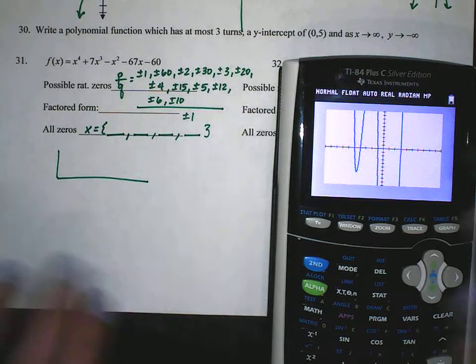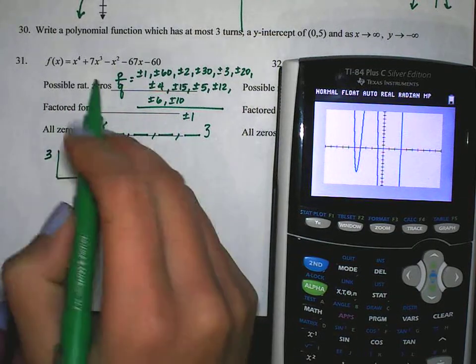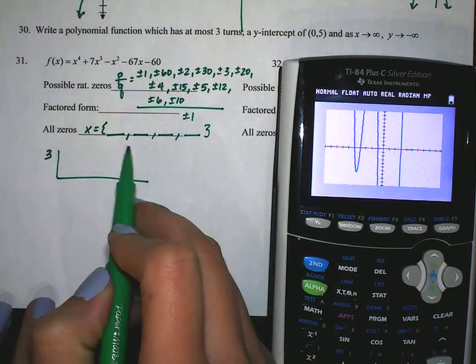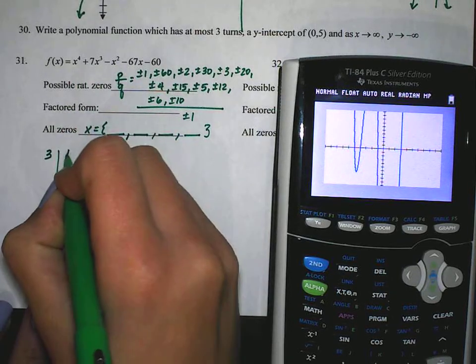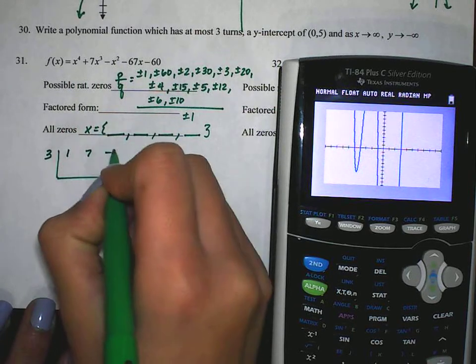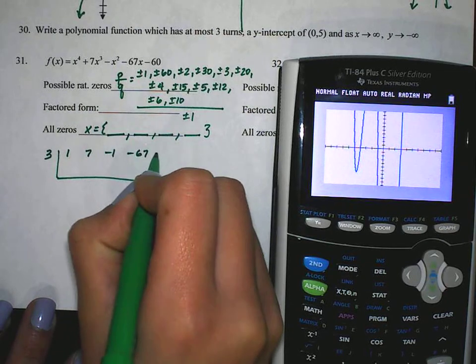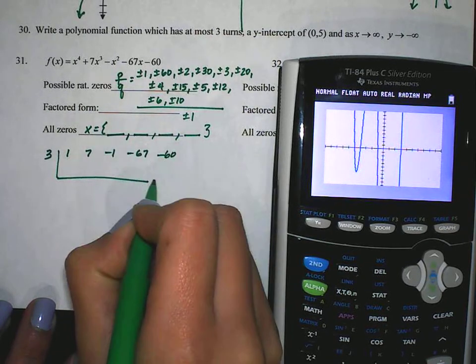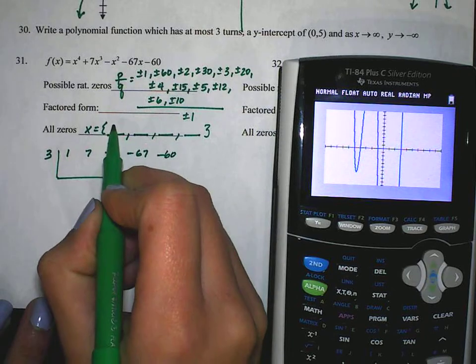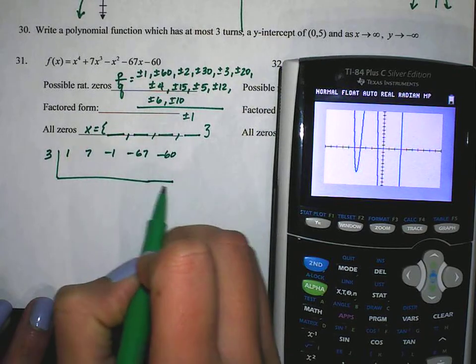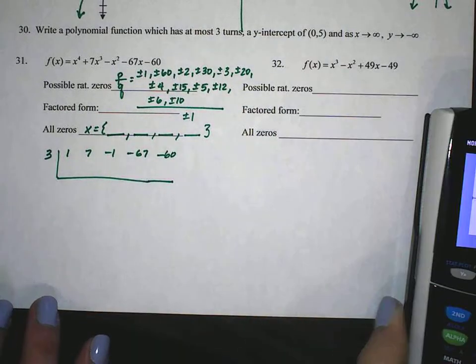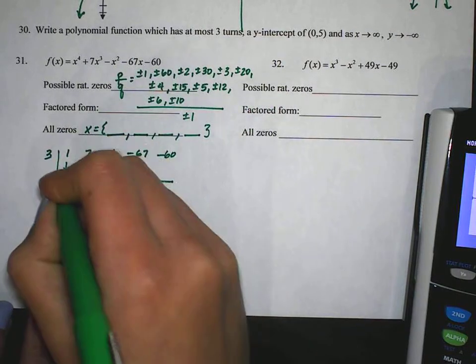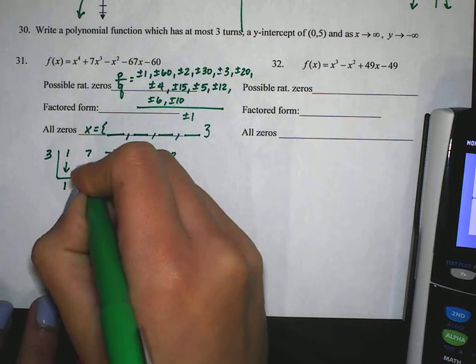So the first x-intercept that I see is, let's use this one off to the right, 3. So these 3 out here. You need to go ahead and fill in the top line. So I have 1, 7, negative 1, negative 67, negative 60. I'm only going to write down 3 here if I get that 0 at the end. Okay, so let's run through synthetic division.